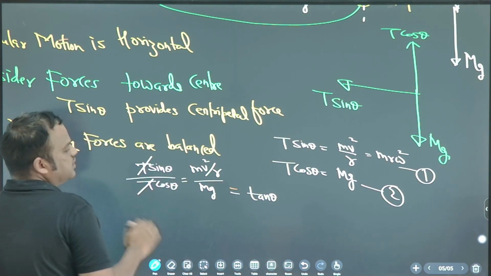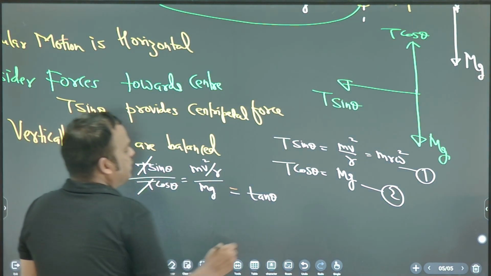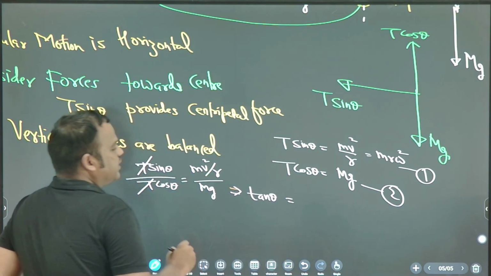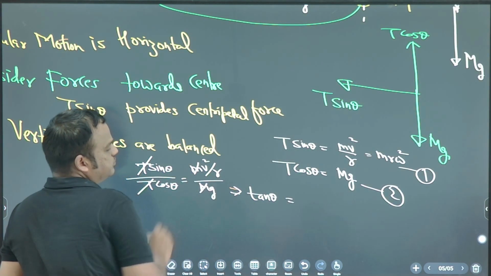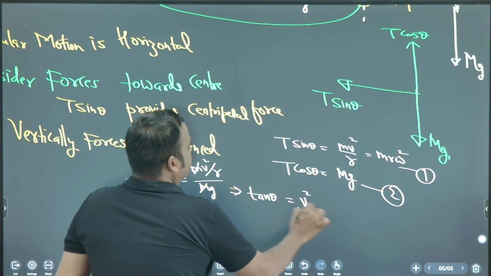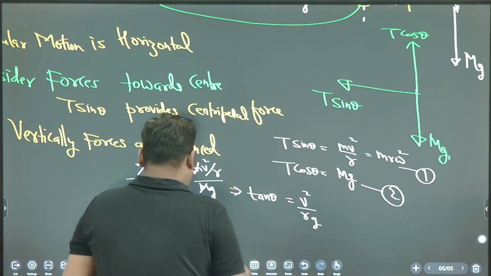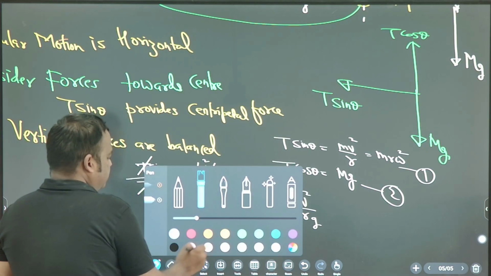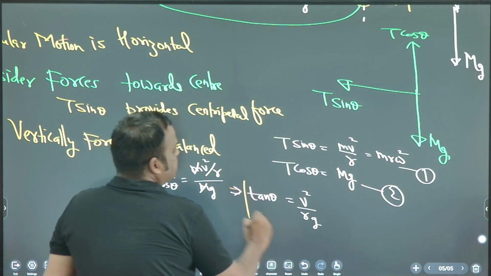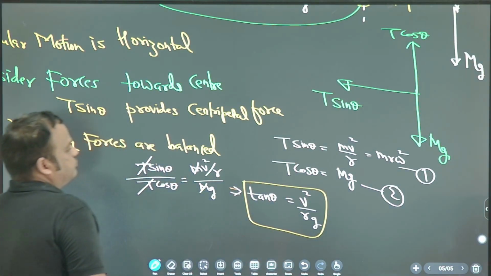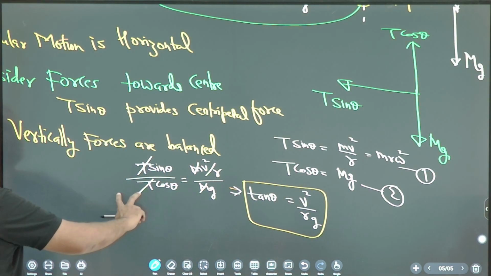Okay, T cancels. So what do you get? Tan theta is equal to, cancel m, v square by rg. Note down, tan theta is v square by rg.